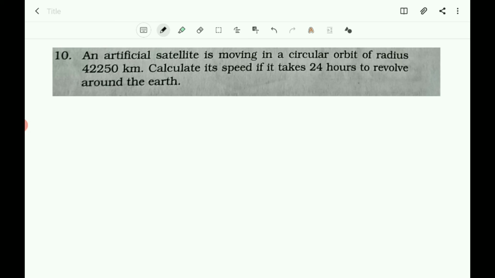So first you find the circumference of the orbit here, that is nothing but the distance covered by the satellite, and also here it is given that the time taken to revolve around the earth, that is time taken to complete one round in that orbit, is 24 hours. And with the help of the speed formula, speed equals distance by time, we will get the speed here.